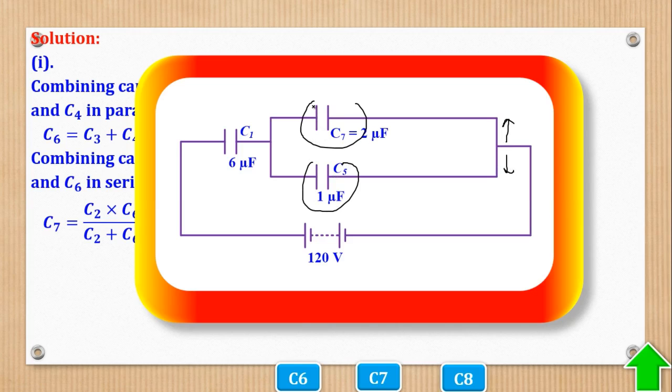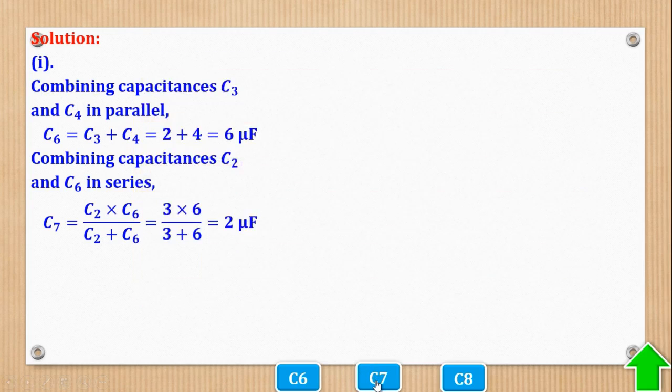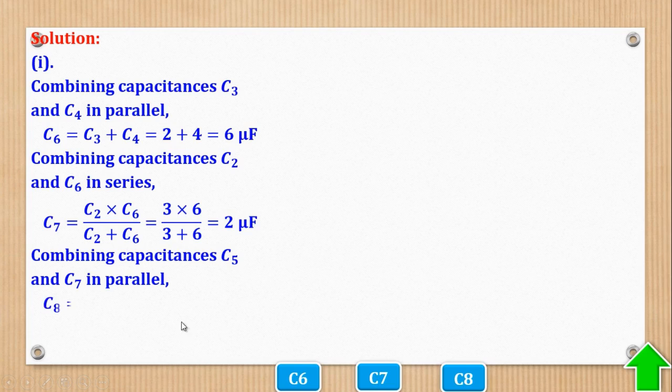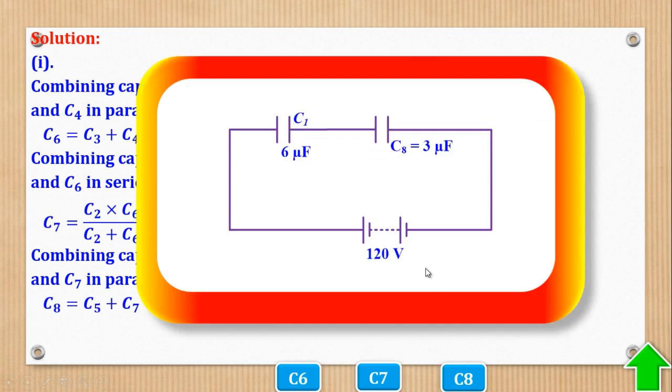Therefore, the next thing to do is combine these two which are in parallel. So let's do that. In parallel, just add to give you 3 microfarad. Now when they combine those two in parallel, the circuit will now become this. I think we realize that it is now simpler.